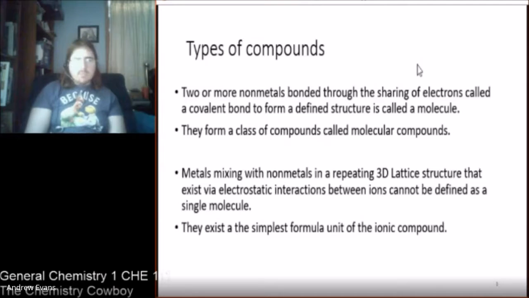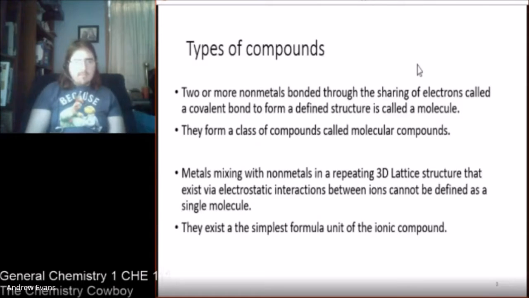This is because two or more nonmetals typically form a covalent bond, where electrons are shared, and it becomes a molecule. So it's not a give and take. It's a kind of beneficent sharing of electrons to make this a stable compound.